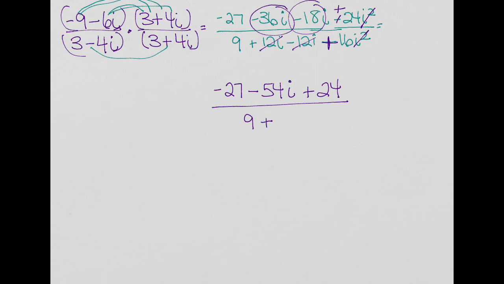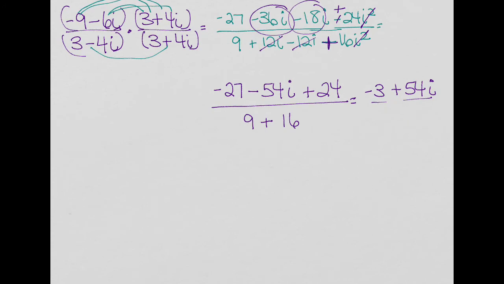So 9 plus 16. And then a negative 27 plus 24 is negative 3 plus 54i. 9 plus 16 is not 24. It is 25.